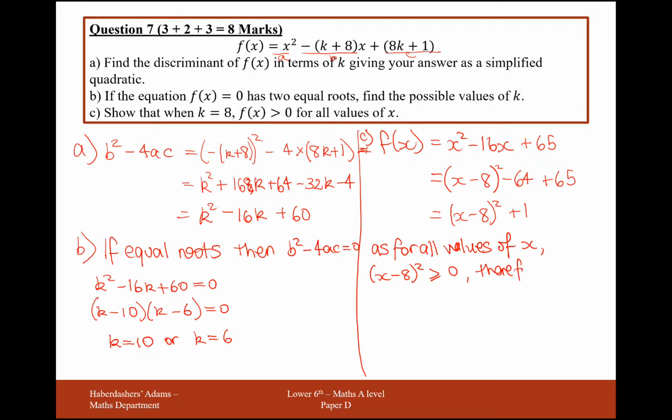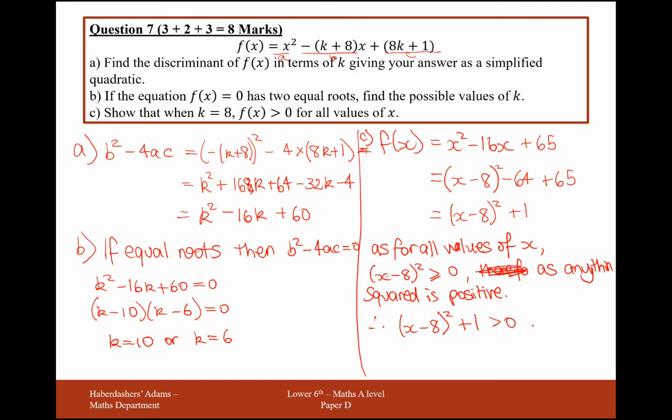Therefore, we'll explain that as anything squared is positive, so therefore (x minus 8) squared add 1 is going to be definitely greater than or equal to 0.